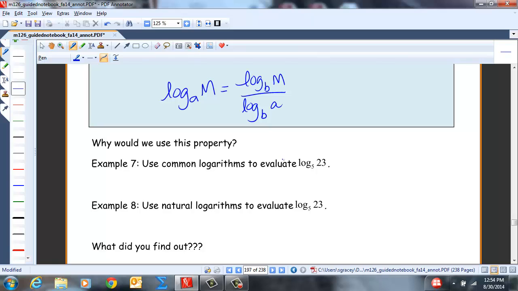Use common logarithms to evaluate log base 5 at 23. So log base 5 at 23 is equal to log 23 over log 5, and that's approximately, let's get our calculator out.